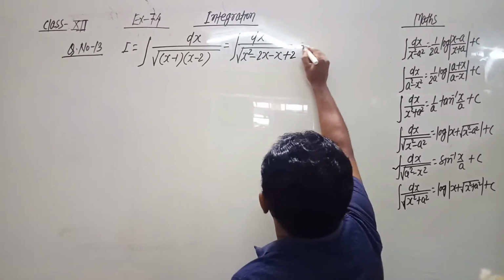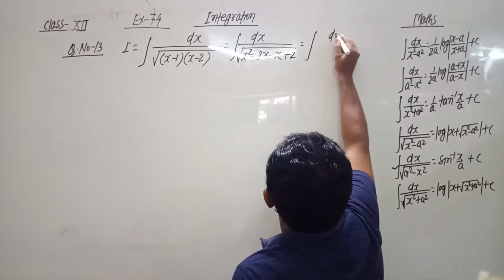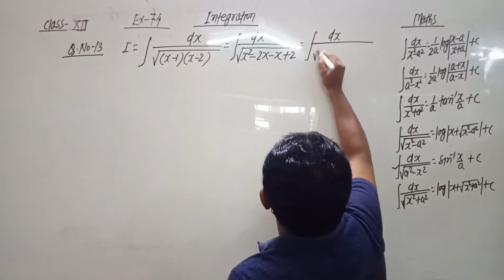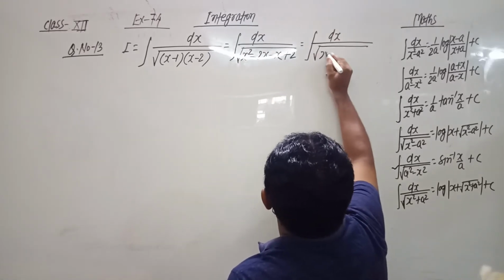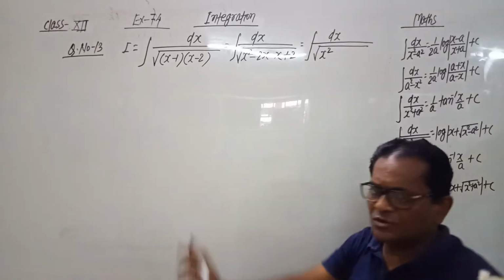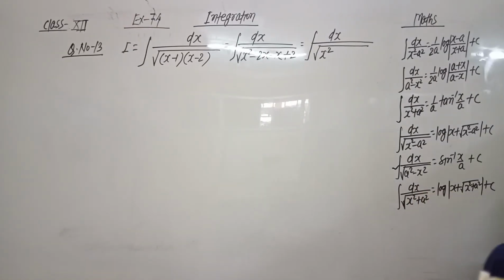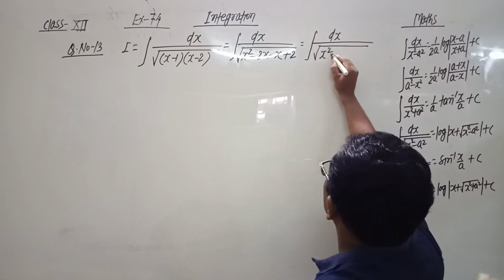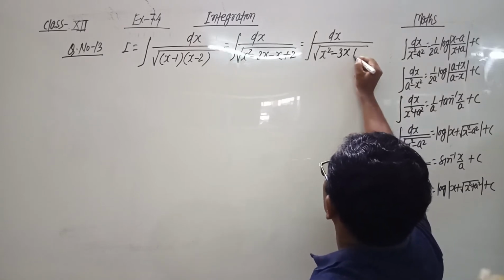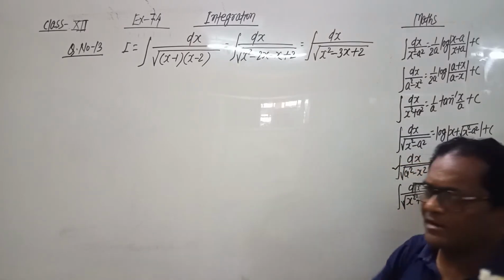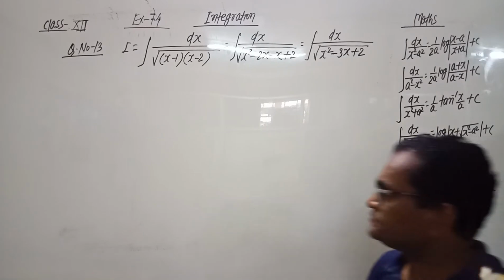Then it becomes integration dx upon under root of x square minus 2x minus x, which is minus 3x, plus 2. Now we have to make the square form.